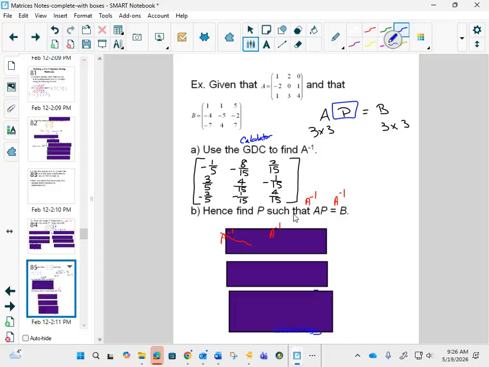Which means that the middle numbers have to be the same. So I know that P has to be a 3×something. And I know that P is going to be a 3×3 as well, because these outside numbers give you the dimensions of your answer.